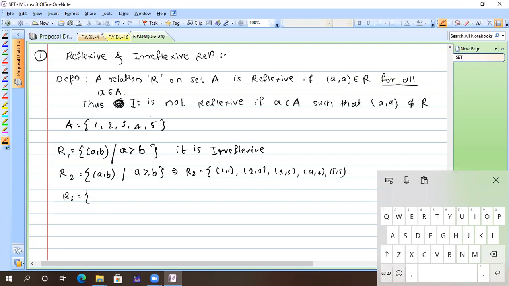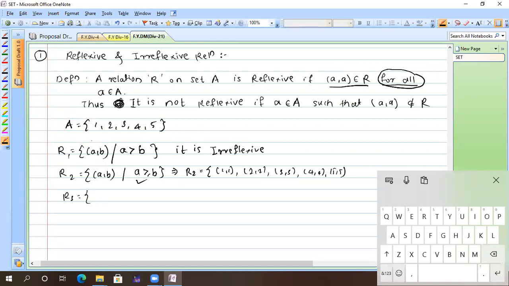And what they are saying is, if R is a reflexive relation, then for all a belongs to A, (a, a) should be part of R. So you can see (1, 1), (2, 2), (3, 3), (4, 4) satisfy this condition. In the above example, 1 is not greater than 1, so that is not reflexive. Clear? Everyone got the reflexive one?